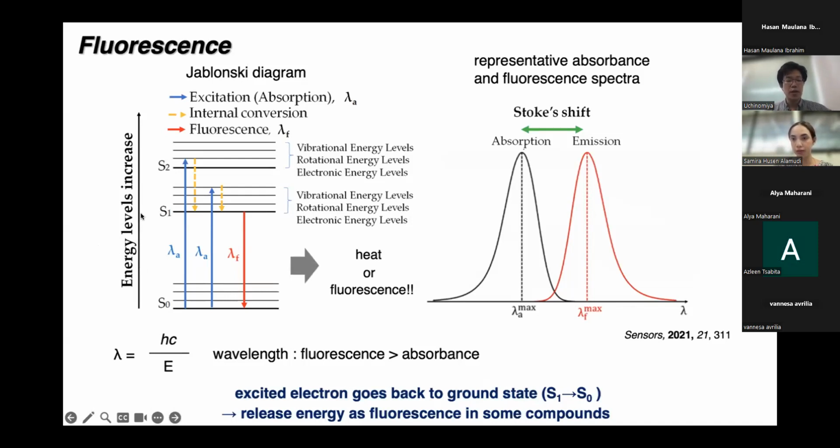That's why the wavelength of fluorescence is always longer than absorbance. This is a representative absorbance and fluorescence spectrum. This is the absorption spectrum, and this is the emission spectrum. The emission wavelength is always longer than absorbance, and this difference of wavelength is named the Stokes shift.